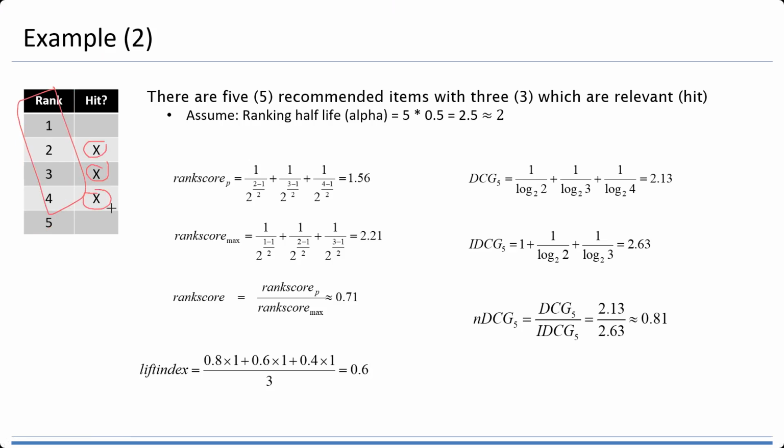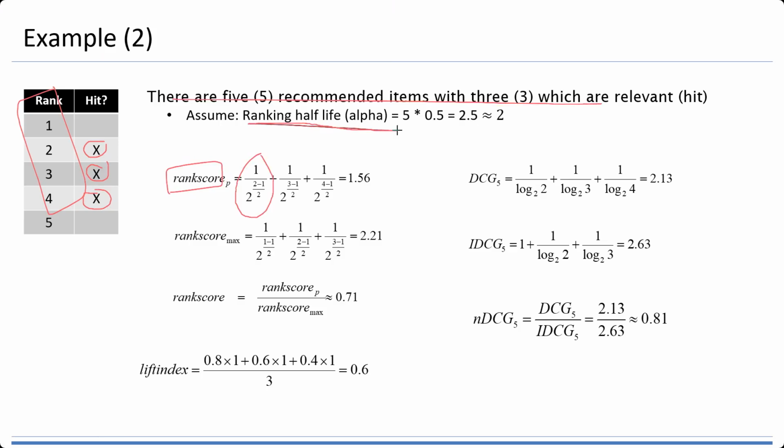Then using the rank score, we can use this formula. So let's suppose there are 5 recommended items with 3 which are relevant, or 3 hits.